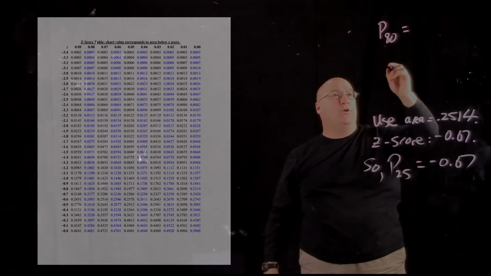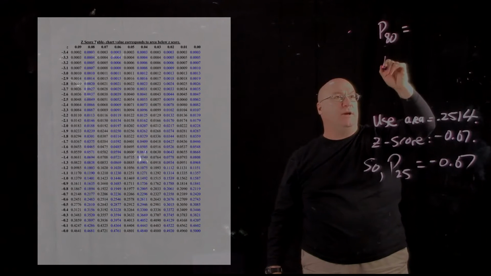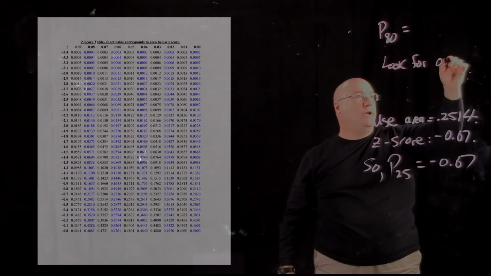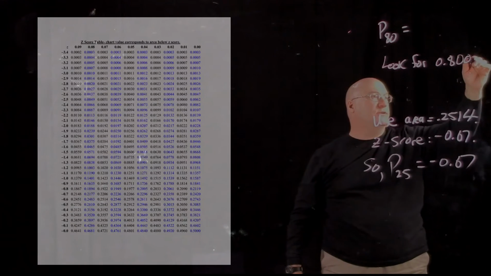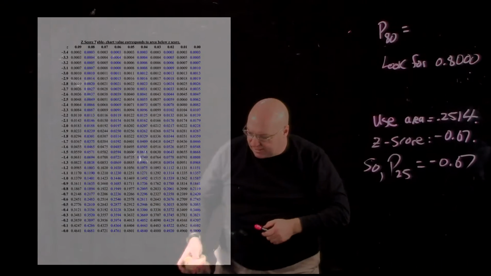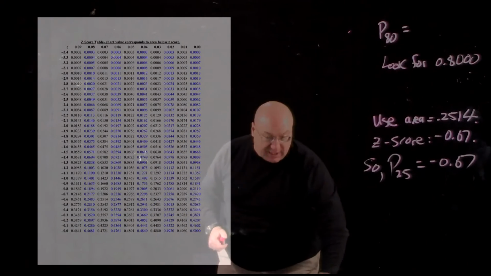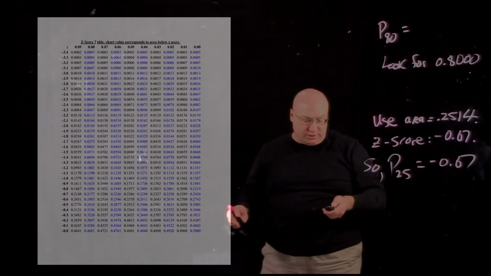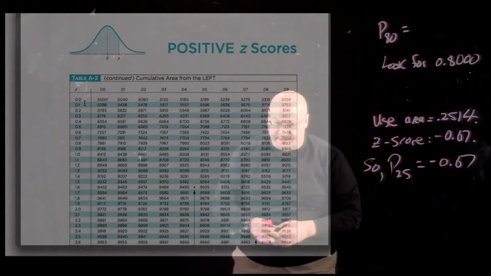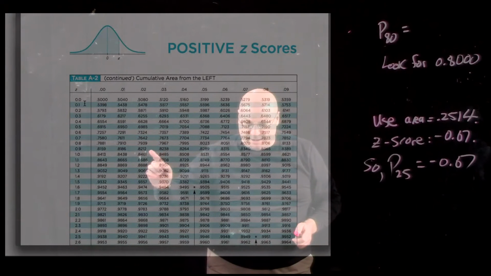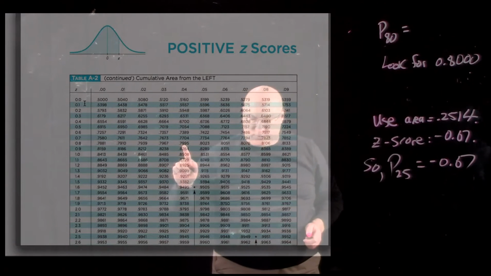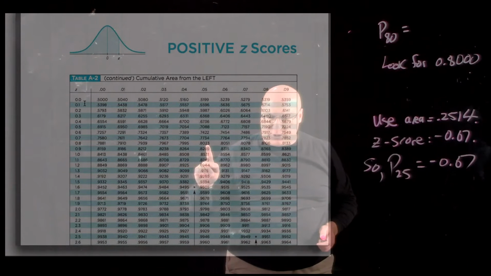P80 equals, well, I got to go inside and look up 0.8000, correct? And if you go inside and look for that, I want that much to the left, so I'm certainly in the realm of positive z-scores. And I look over here and okay, 0.7995 is pretty close, and then 0.8023.